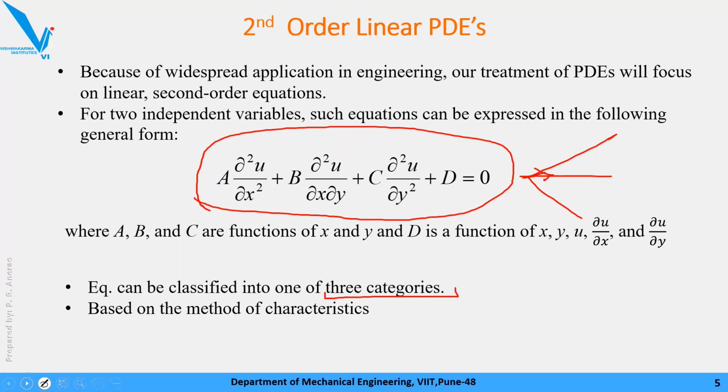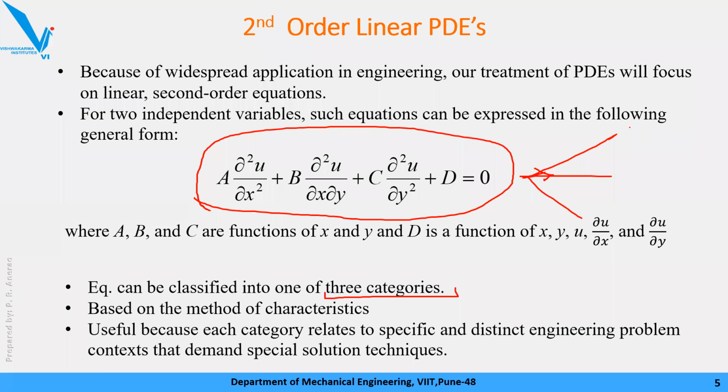First, understand that based on the category, there is a specific or distinct engineering application. For a specific application there is a specific category, and corresponding to that particular category, there are specific techniques which we need to implement.